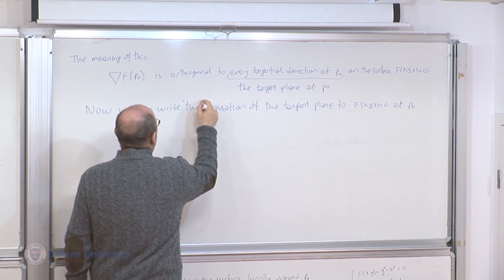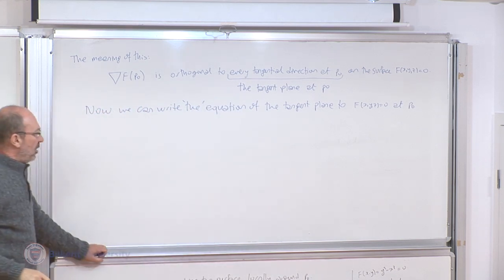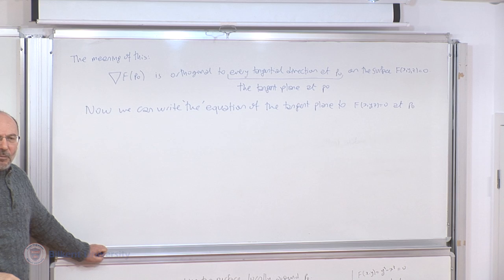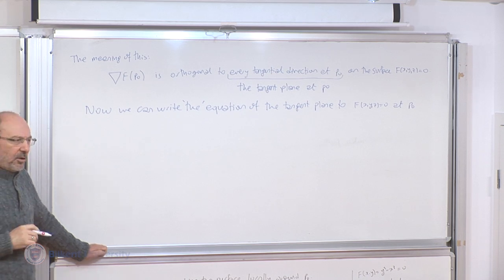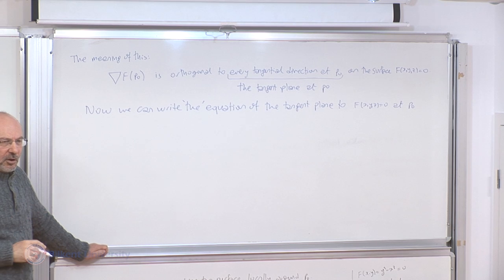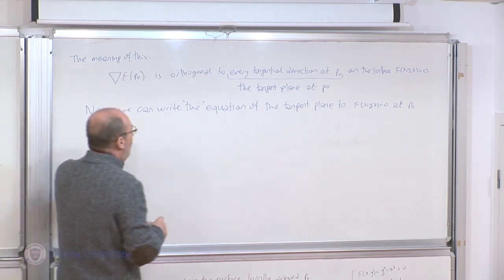Normally we just say the equation, but we know that you can multiply this equation by a constant. It's still the same equation. So an equation for a tangent plane is not unique, but it's not very different. They all differ from each other by a multiplicative constant.